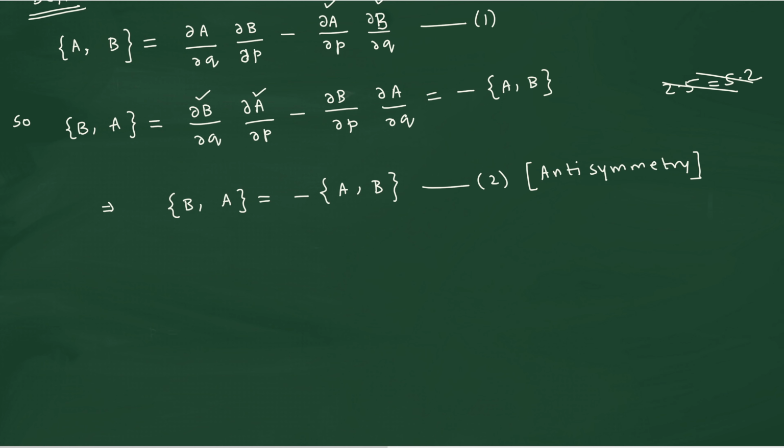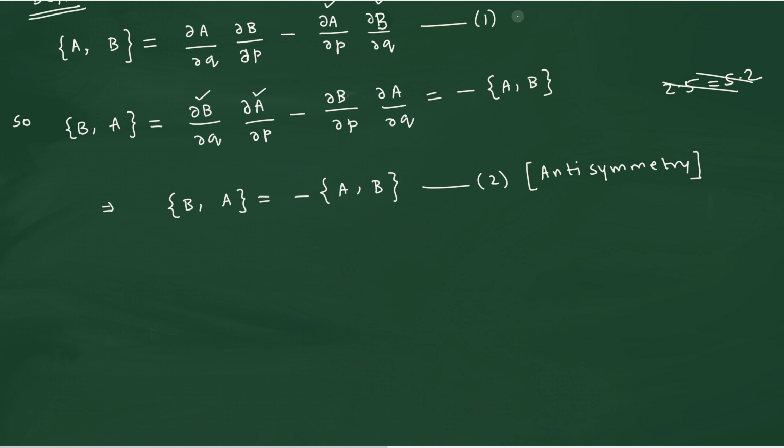Then you have to evaluate a partial derivative of a partial derivative, so the situation will be slightly complicated. In such situations you will sometimes have to use the properties. If you use a property, you can finish the calculation quickly rather than solving it without using any property. That is where the properties of the Poisson bracket are very helpful.